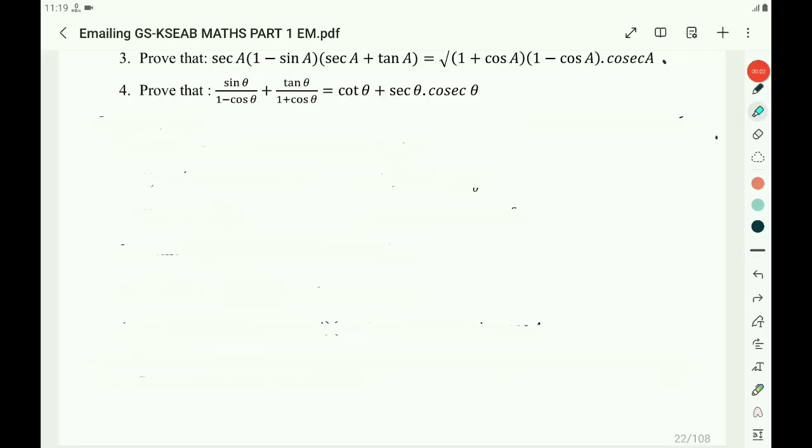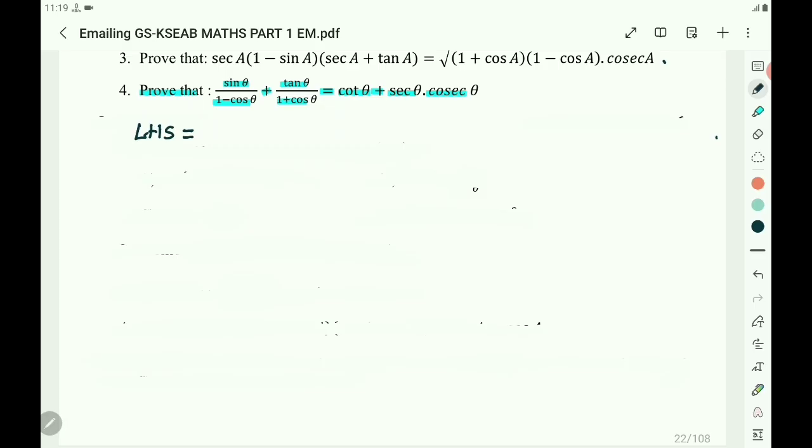Next question, fourth question, or question of that question paper. Question number 28, or question. Prove that sin theta by 1 minus cos theta plus tan theta by 1 plus cos theta equals cot theta plus secant theta into cosecant theta. Now you write the LHS.